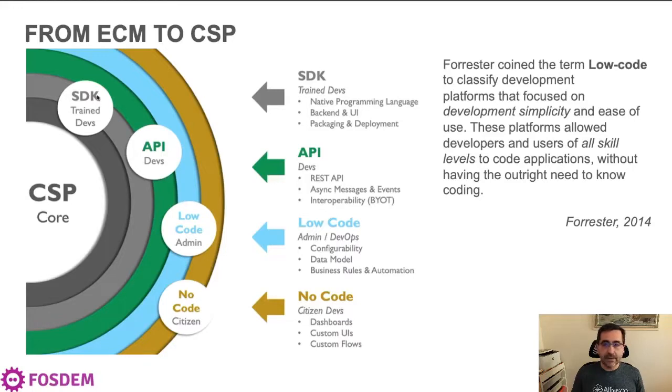The core SDK for trained developers that allows inner customizations in the product, the public APIs for developers with the ability to integrate CSP with other platforms easily, the low code for DevOps and administrators, focus on an easier customization of the product, and even the no-code level that leverages the ability of citizen developers to add new features in the platform.